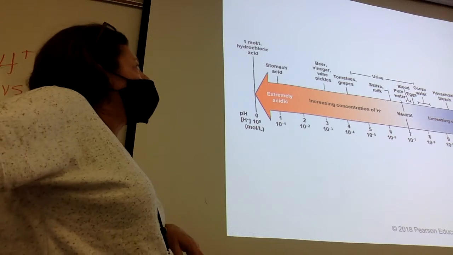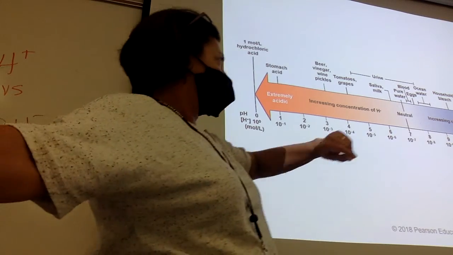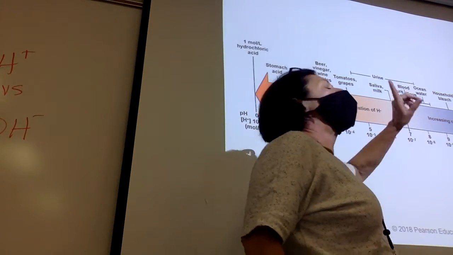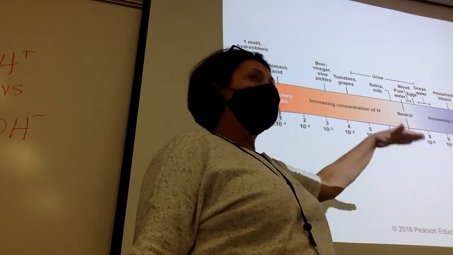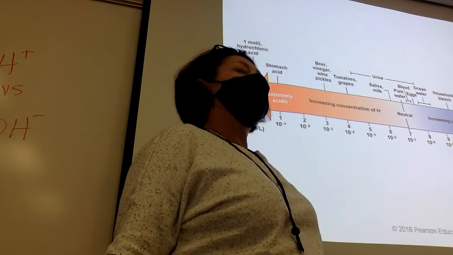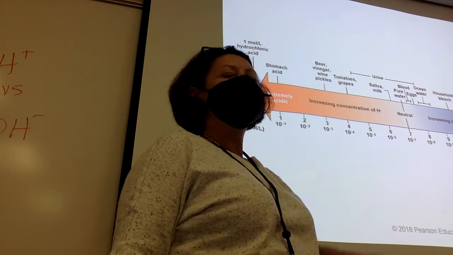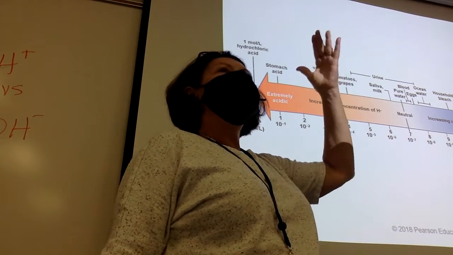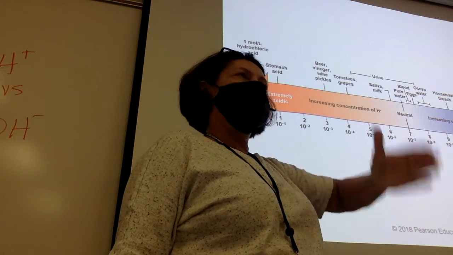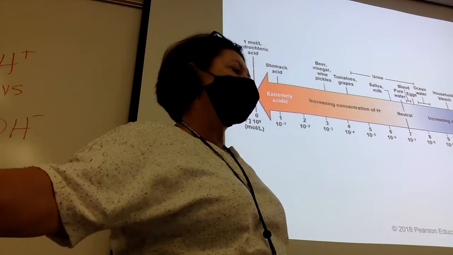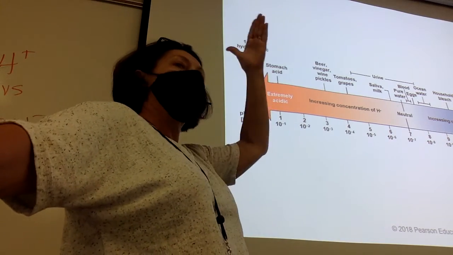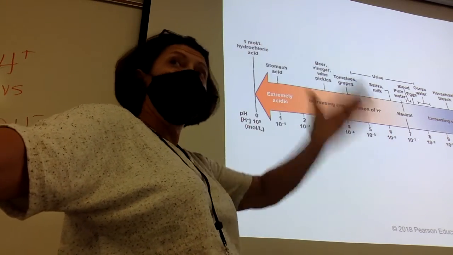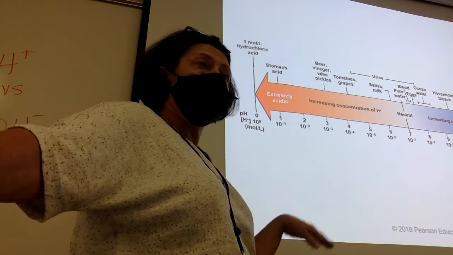Here's a typical pH scale. Your textbook goes horizontally, but a lot of textbooks do a pH scale vertically. If in any other class you happen to come across a pH scale that is vertical instead of horizontal, don't let it throw you off.